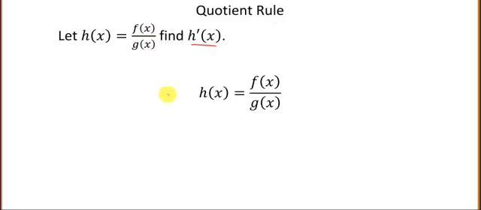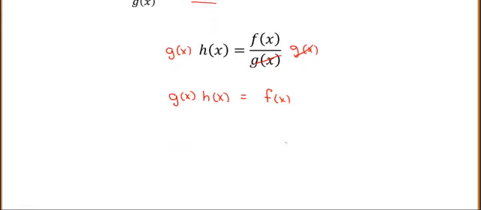I'm going to start by taking h of x equals f of x over g of x and multiplying both sides by g of x to clear the denominator. Okay, on the left side I'll have g of x times h of x, and on the right side I'll just have f of x. Now let's take the derivative of each side.